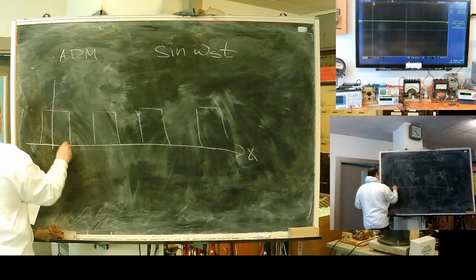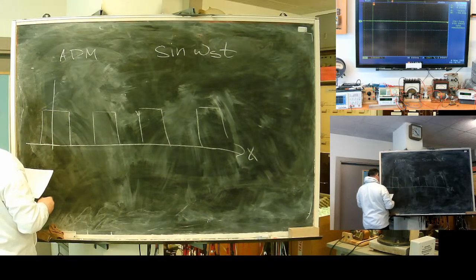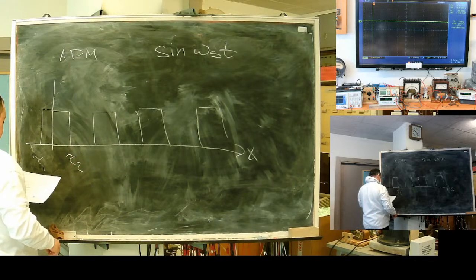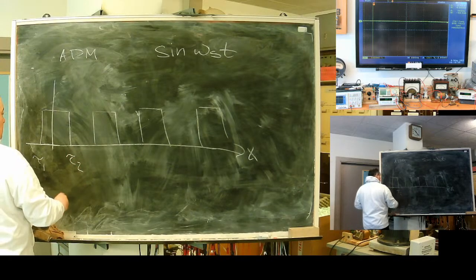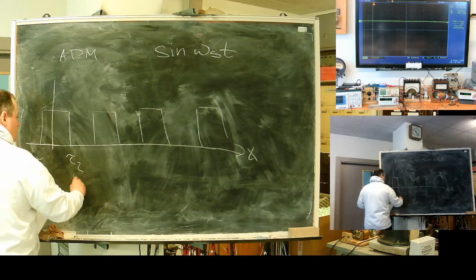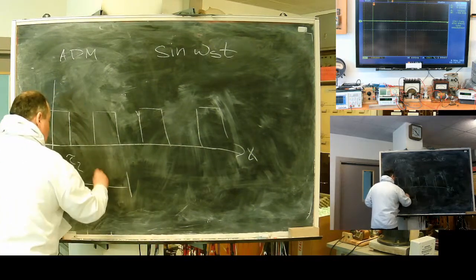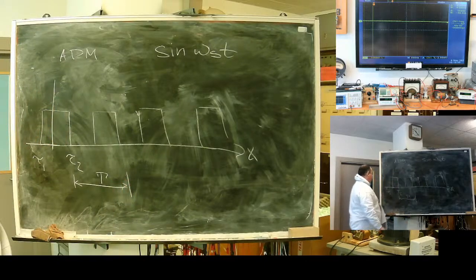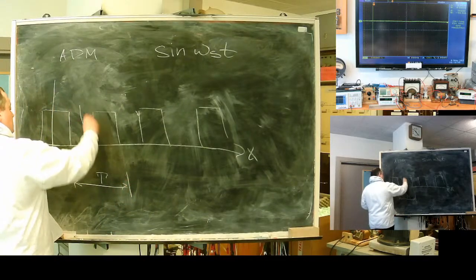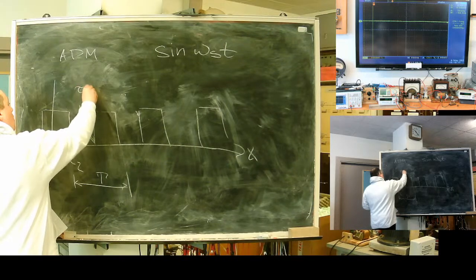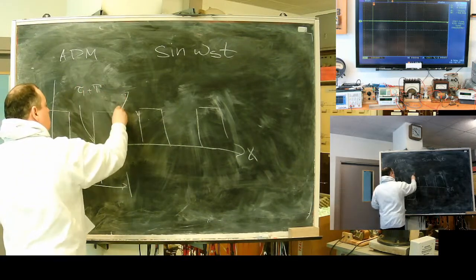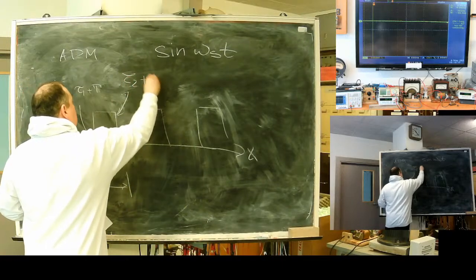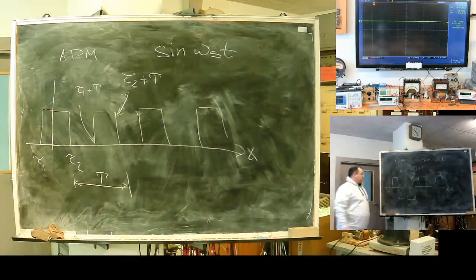So it's about 0, tau 1, tau 2, and repetition time T capital. So this moment is tau 1 plus T, and this moment, tau 1 plus, and so on.